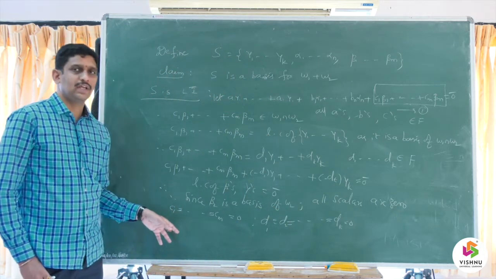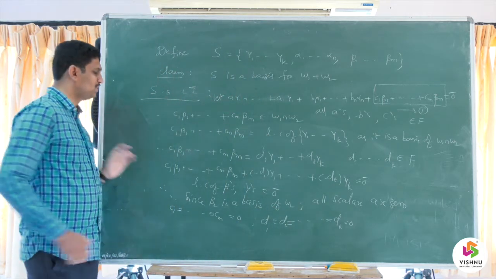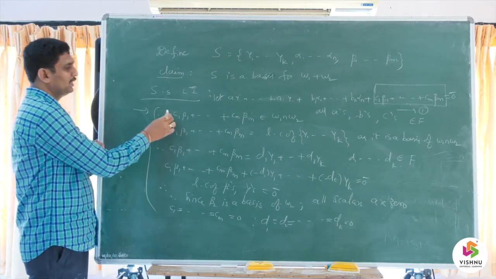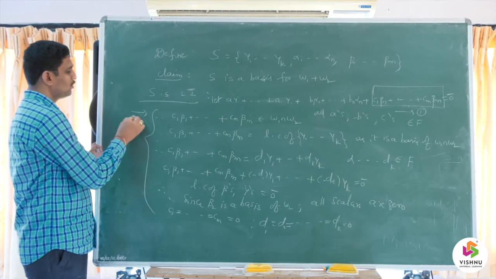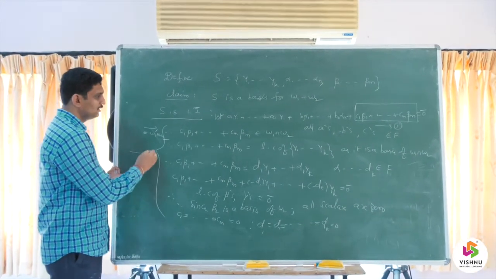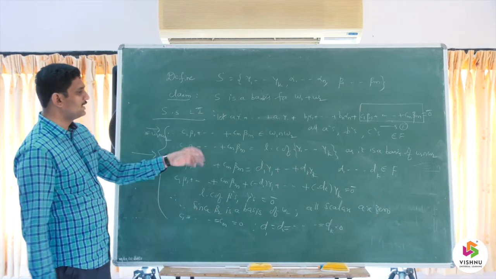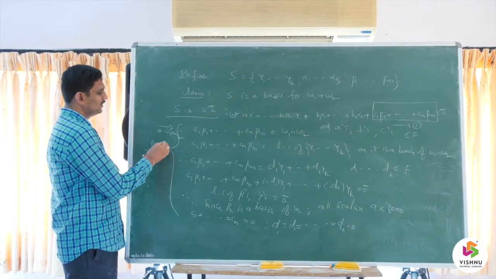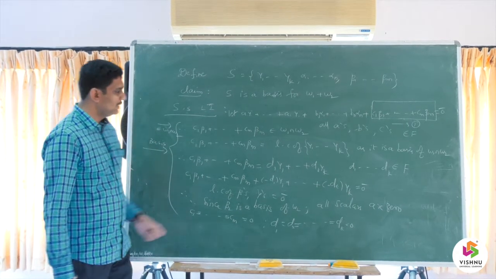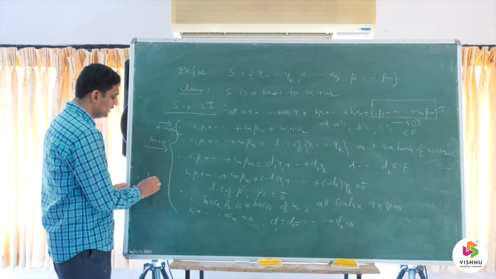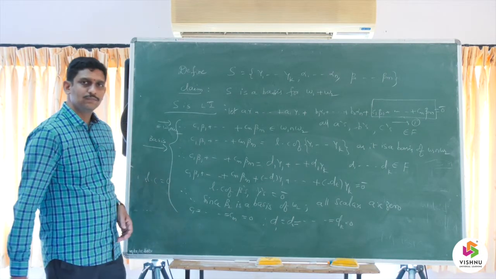This you got. Again, I repeat this procedure one more time. What I did, here I took that this belongs to the intersection. Then, since it is a part of the intersection, I used the basis of the intersection. Then I put all the values to the left hand side. Then I got a linear combination equal to 0.